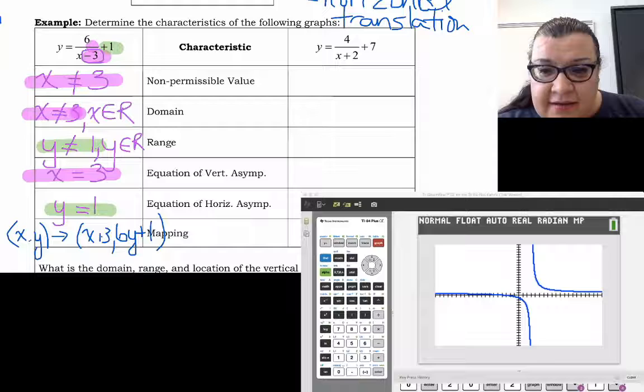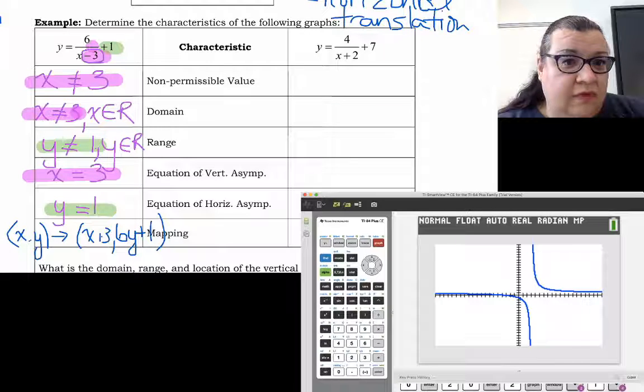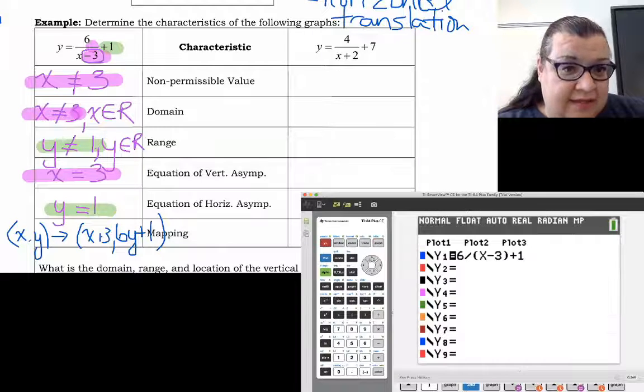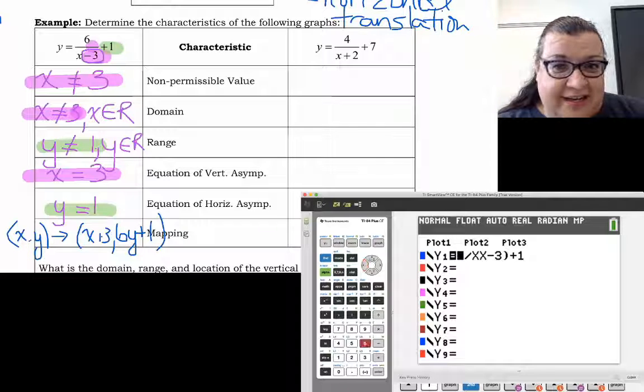Or better yet, let's take a look at our table of values. If I take the point that would have been on the original, 1, 1, and just for the sake of this, let's graph the basic rational function 1 over x. Oh, I didn't want to actually change what I was doing. Sorry, guys. I want to graph a separate one, 1 divided by x.